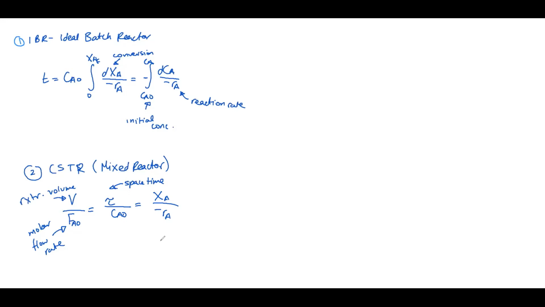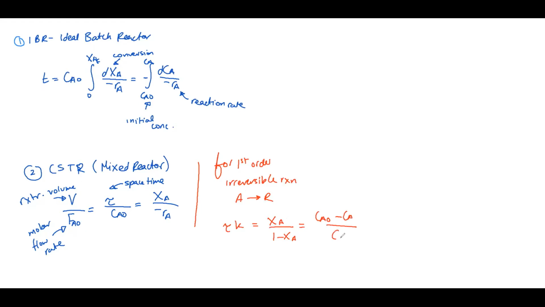Okay, and for a first order reversible reaction, you can write this equation as, for a first order, basically A going to R or going to S, whatever it is, you can write it as tau K is equal to XA over 1 minus XA is equal to CA0 minus CA over CA, right?